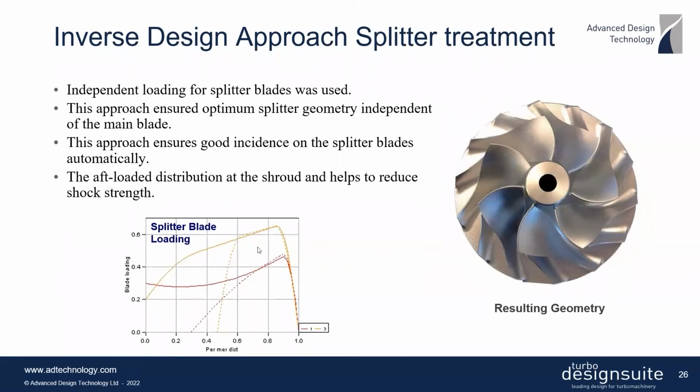So by using an aft-loaded distribution on the shroud, you actually help to reduce the loading on the inducer. And then as a result, you reduce the strength of the shock. And then using this type of loading resulted in this impeller just within a week. And it was, as you can see, a 3-dimensional impeller as opposed to the straight filament baseline design.